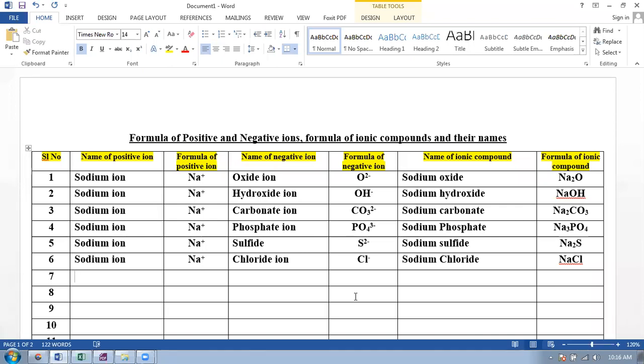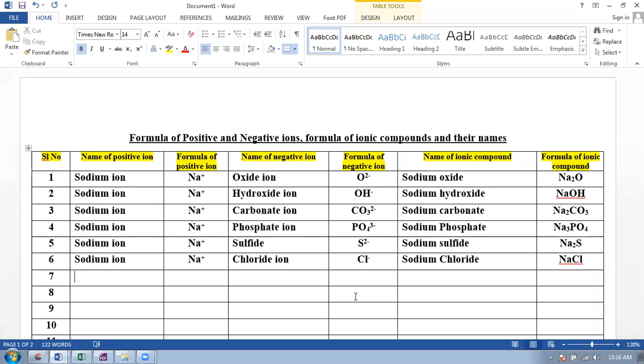So sodium 1 comes after chloride ion, and chloride ion has 1 minus, so the 1 comes after sodium ion. Ones are not necessary to mention, so they're gone. We never write 1 during the writing of the formula of an ionic compound.